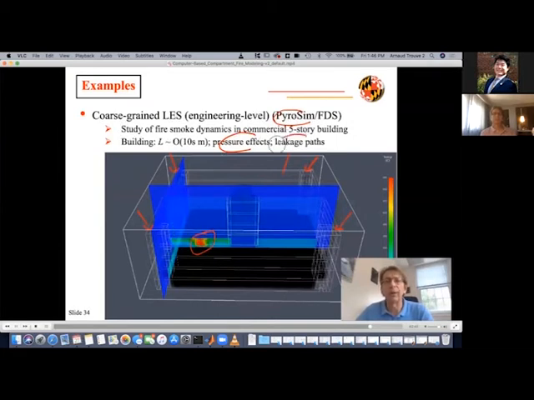It also depends on the ability of the model to correctly describe the flow through open vents and also through possible leakage pathways. We determined in this particular case that the smoke was not invading the stairwell. So this was a successful design simulation.